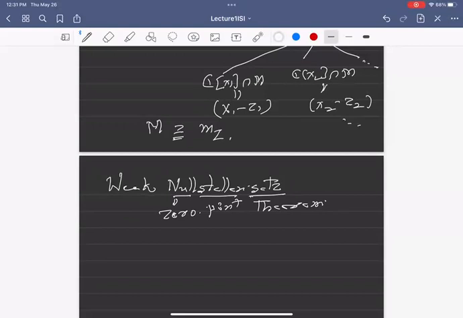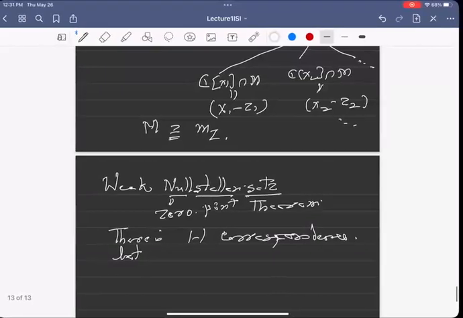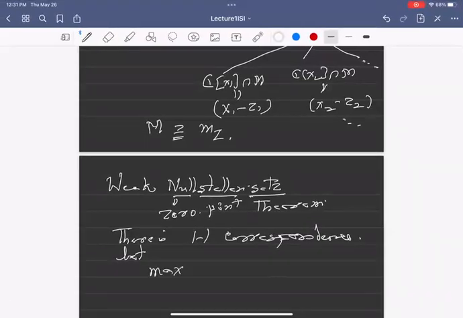The weak Nullstellensatz says that there is a one-to-one correspondence between the maximal ideals of R and points in Cn, given by z mapping to Mz.